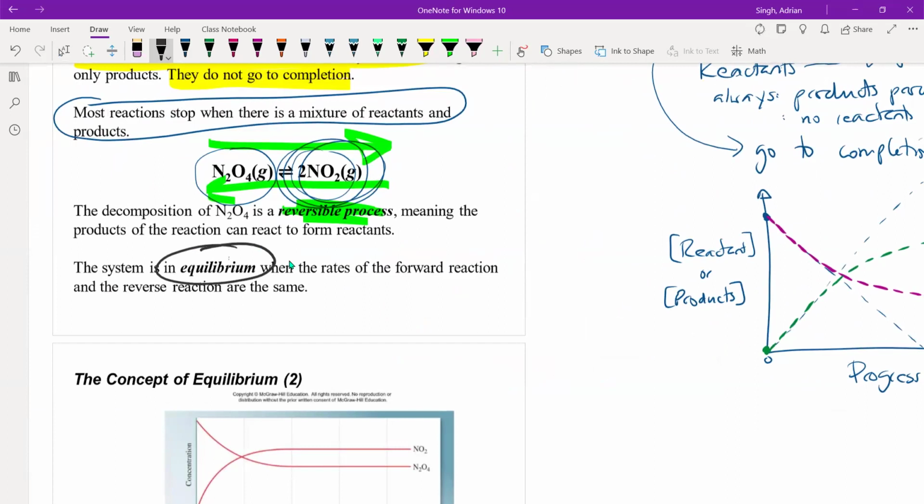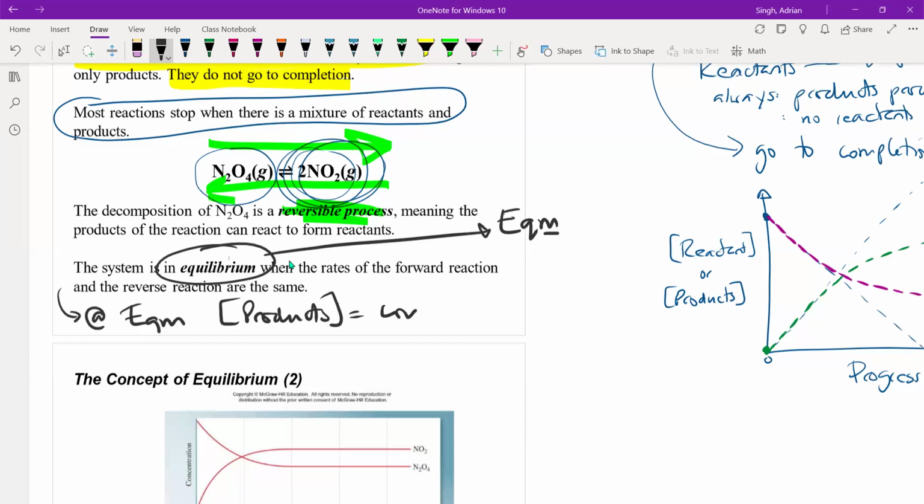And what happens here is at equilibrium, and we're going to abbreviate equilibrium as EQM from this point onwards, the concentration of the products is a constant, doesn't change. We're also going to see that the concentration of the reactants is also a constant, doesn't change.